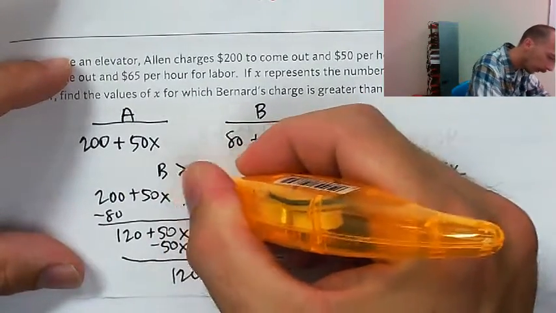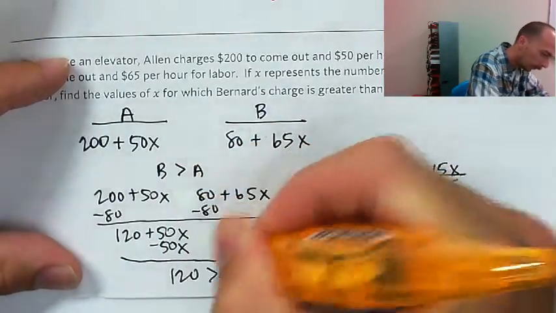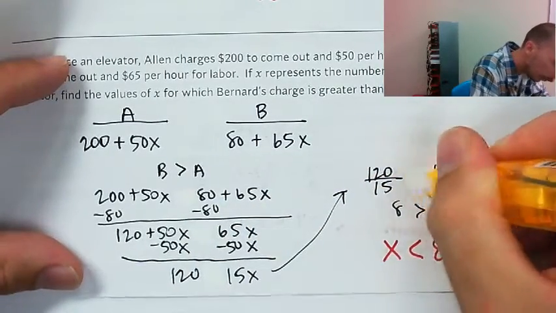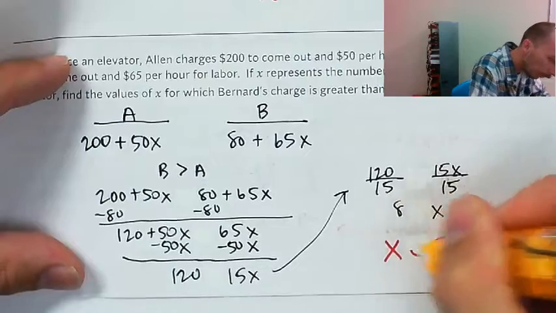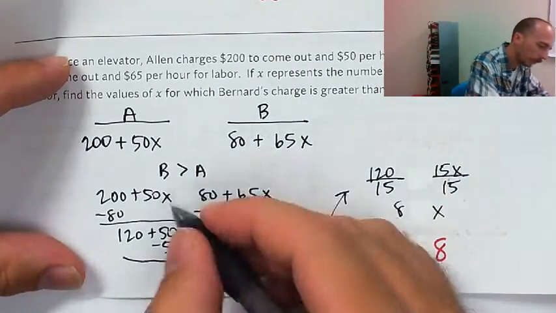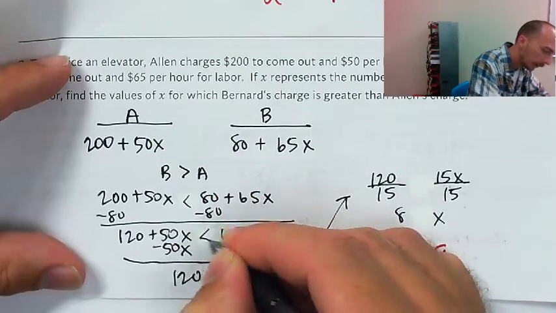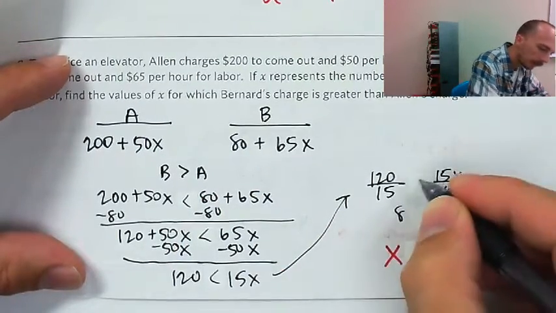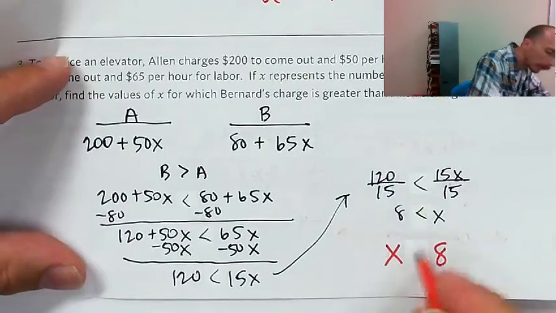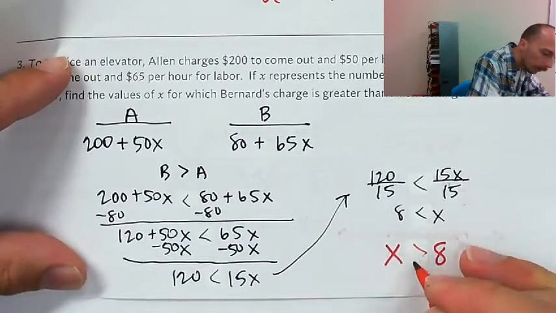So I'll show you how you can fix it if you realize, right? I never divided this inequality by a negative number, so it's just going to reverse the direction of everything, I think. But if Bernard is greater than Alan, I need that, and then it's going to stay like that. Okay, and if x is greater than 8, I need to write that this way.